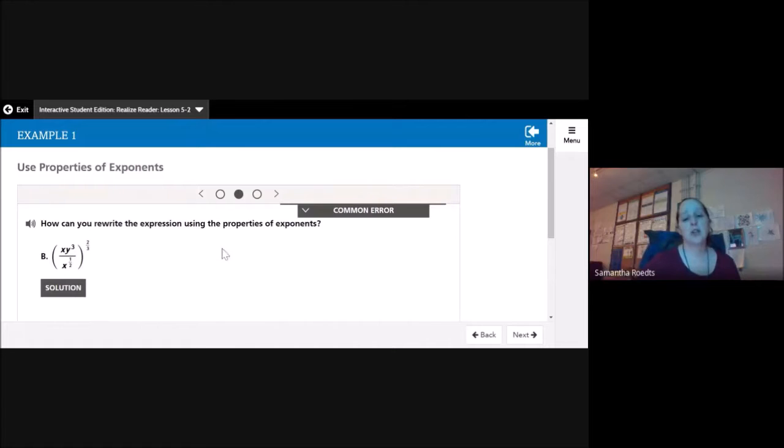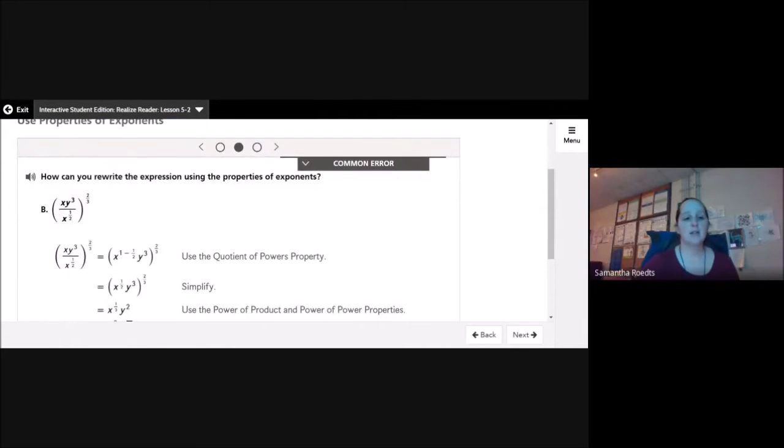How can you rewrite the expression using the properties of exponents? x y^3 over x^(1/2), all raised to the 2/3 power. So again, I'm using the quotient of powers property. They have the same base, okay? And it's just the x's that have the same base. So x to the 1 minus 1/2, y^3 to the 2/3 power.